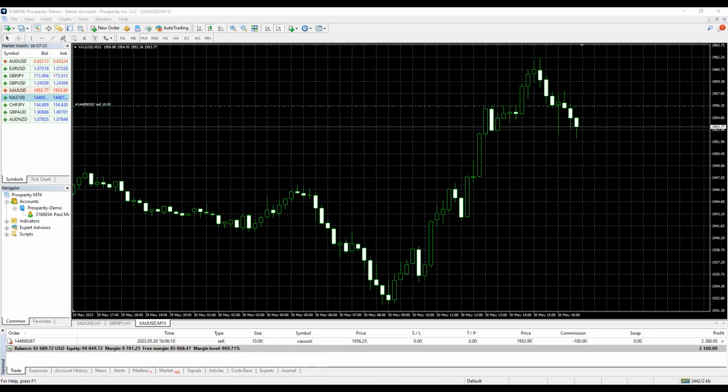So once we hit a minute left, we're going to switch to the TradingView screen.